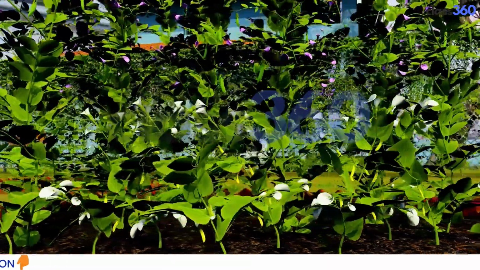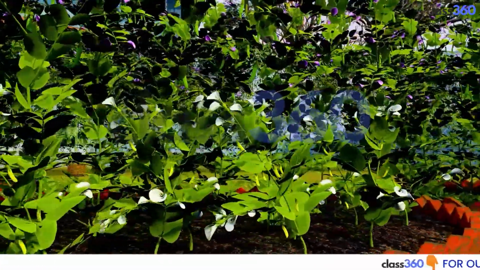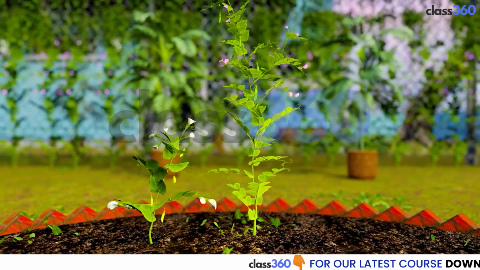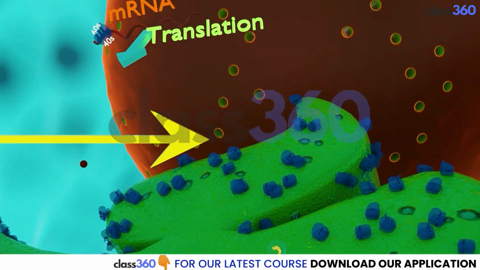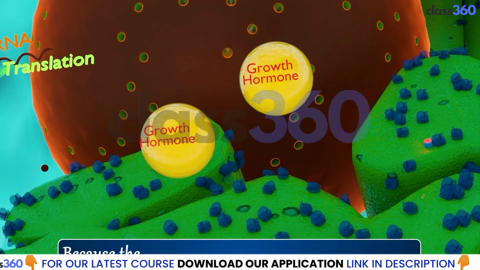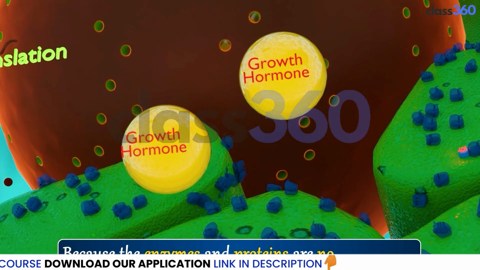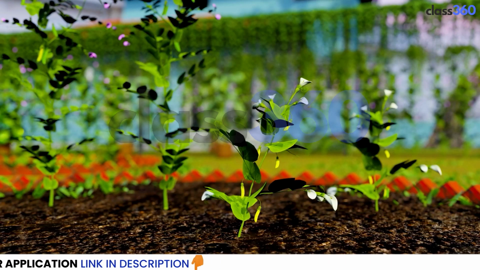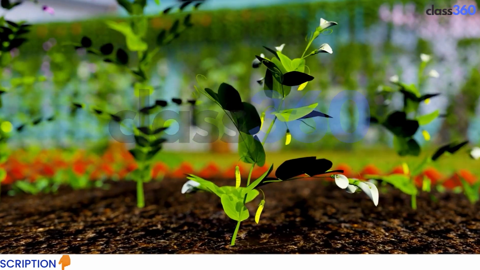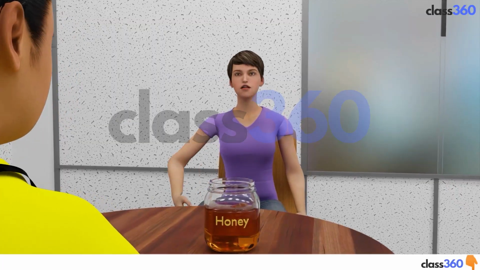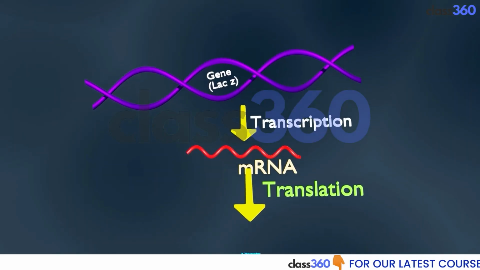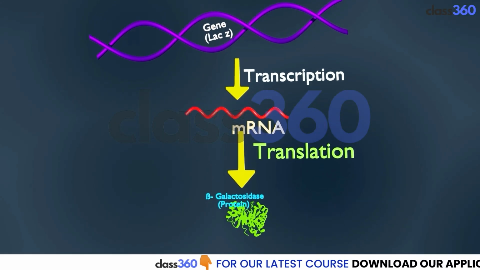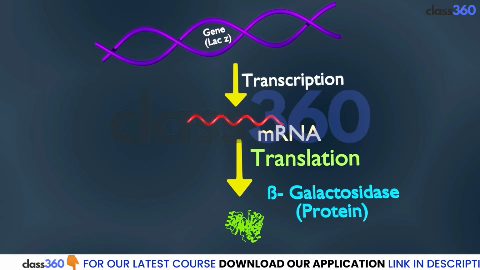In dwarf plants, the plant hormone which causes plant height is in low amount because the enzyme and proteins are non-functional. Thus, the plant will be short. So we can say that genes control characteristics or traits.